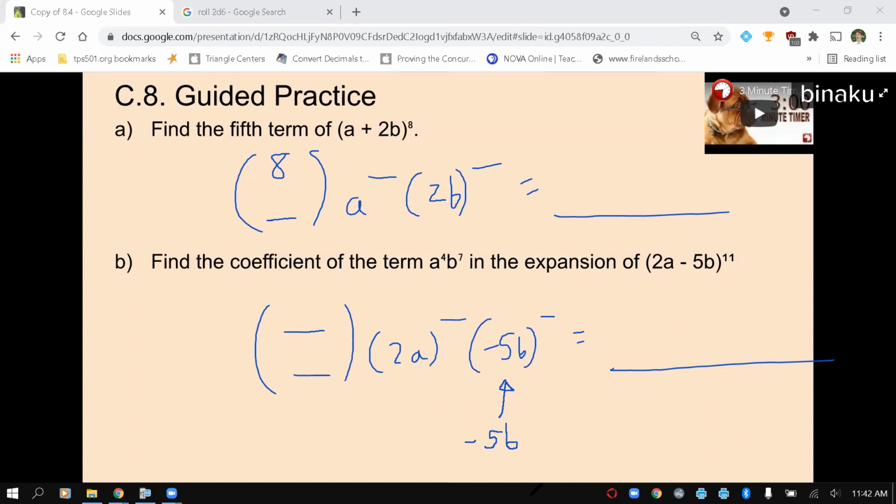It won't matter if this was 2 powers off. There you go. That's the coefficient. It's that a to the 4th b to the 7th, assuming, of course, it is, which you probably do.